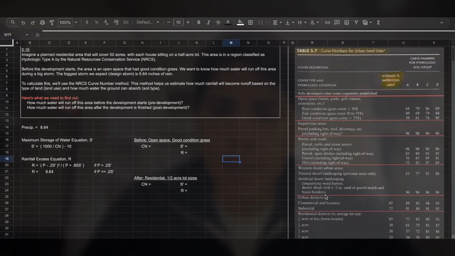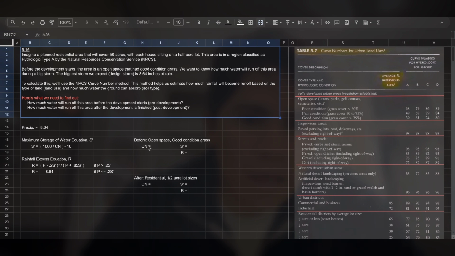I believe part subscript B mentions something about what the book is talking about. If you still need help after this video, I recommend you ask for help to get a more exact or accurate answer. But I've got you up to the point where we find the curve number, the saturated storage, and we find the runoff. And then you can ask for how to work on the assumptions.